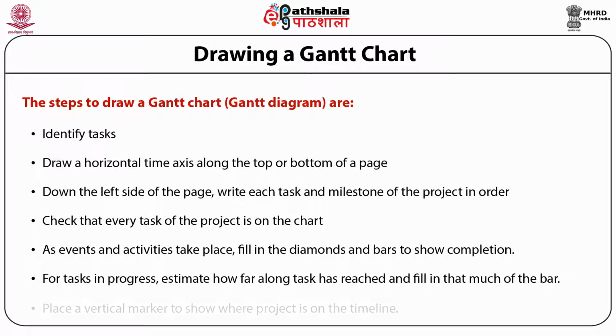Besides this, a vertical marker can be shown at the place where the project is on the timeline. If the chart is posted on the wall, for example, an easy way to show the current time is with a heavy dark string hung vertically across the chart.